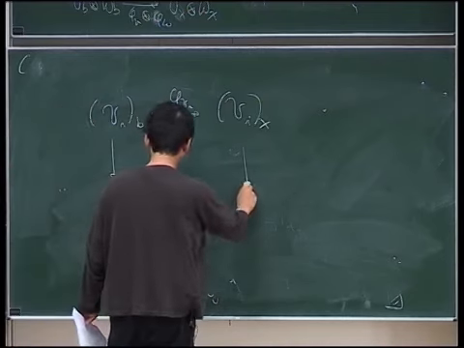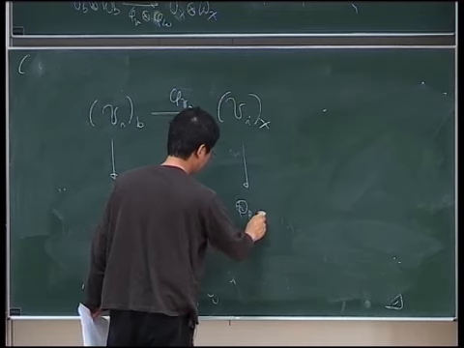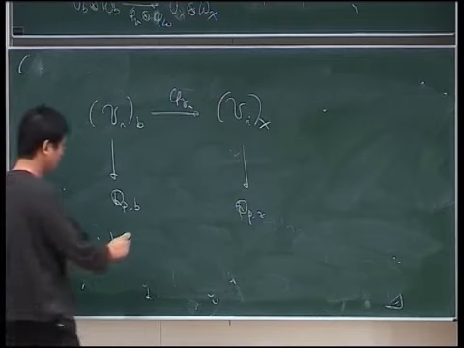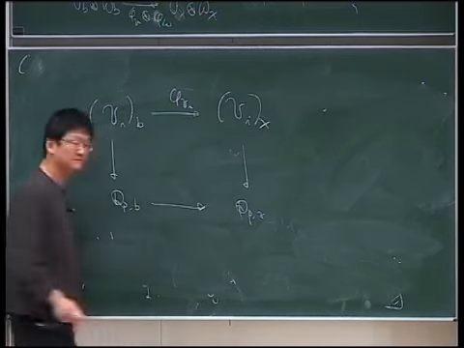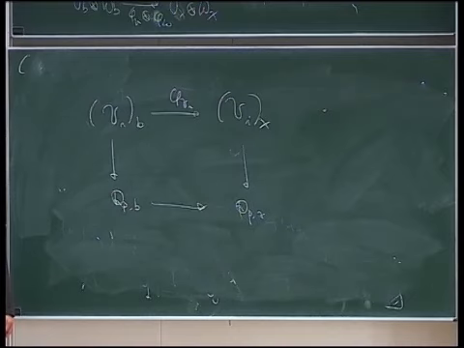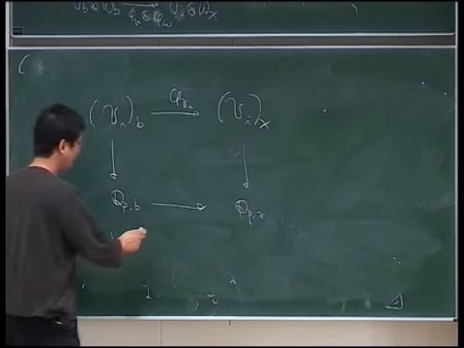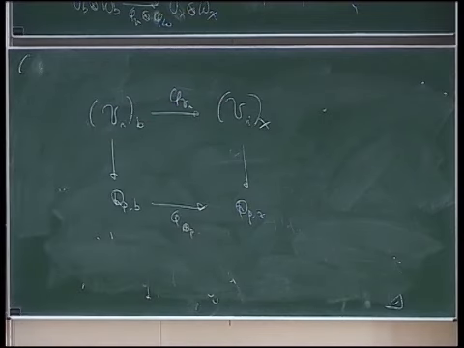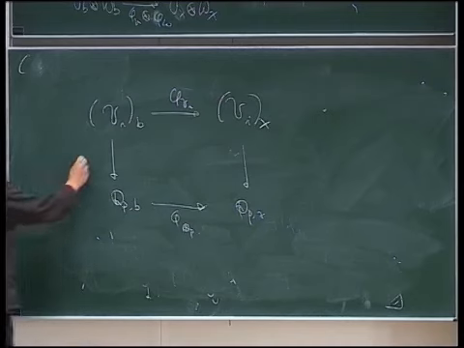And this is also going to go over to Qp at x, which is also Qp, of course. For the constant sheaf, the stalk doesn't change. And there's also going to be a map from here to here, corresponding to the constant sheaf. So in other words, phi of Qp is going to be this map. Right? But then this diagram has to commute because the map h was a map of sheaves.